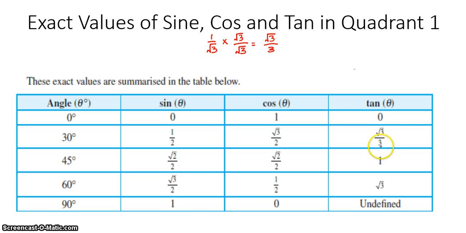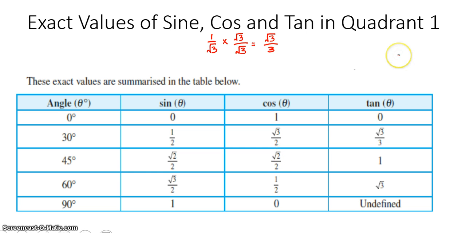It's just been rationalised. If we look at 45 degrees over here, sine of 45 degrees is root 2 on 2, cos of 45 degrees, root 2 on 2, tan of 45 degrees is equal to 1. Once again, this value here has been rationalised.